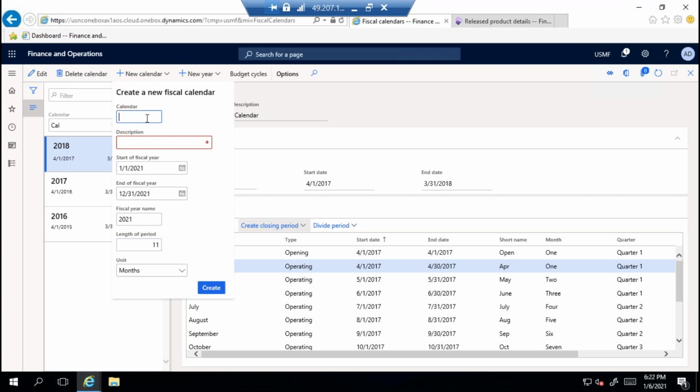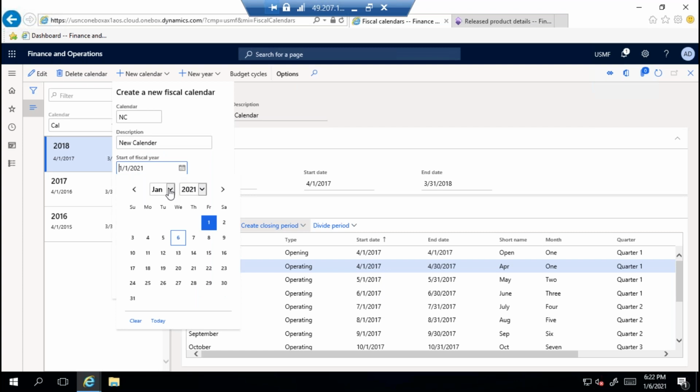Suppose I'm creating a new calendar. You can select the starting date. Suppose April. One second, it is a little bit slower.